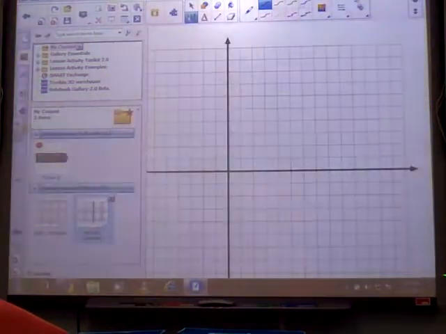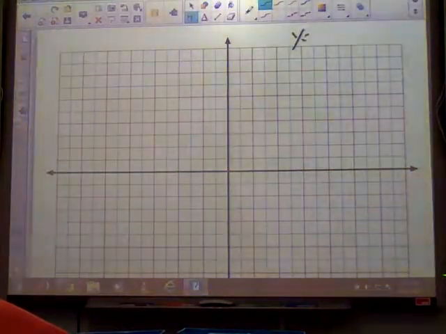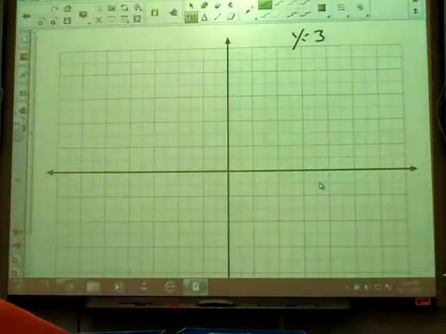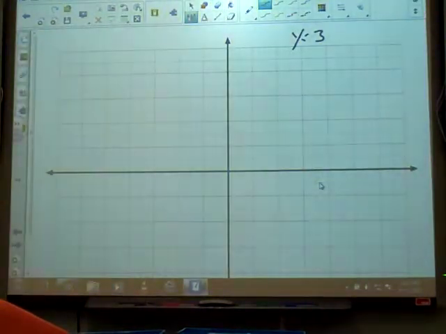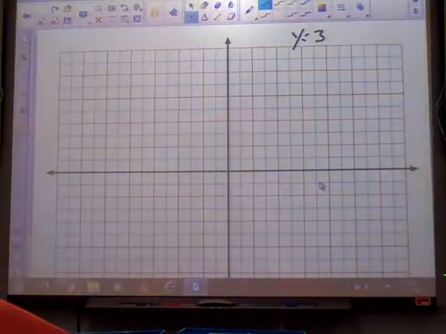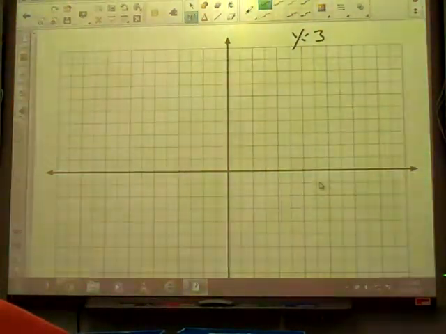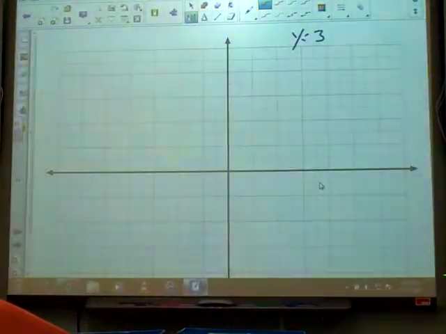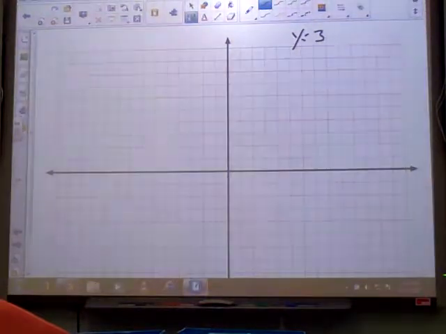This one, we've got y equals 3. The directions just tell us to graph. Alright. We suddenly only got one variable. Y equals 3. Now that looks similar to the problems that we just worked. I think the last problem we ended up solving for y and getting 3, didn't we? Okay, so y equals 3. I'm at the origin.